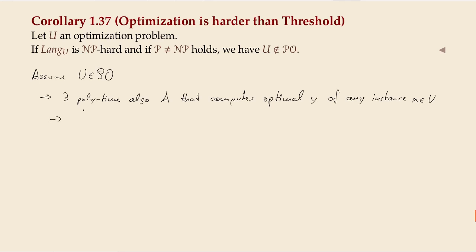So that means we can solve the evaluation problem, right? If we have the instance, we can compute the cost. So opt_u can be computed in polytime.